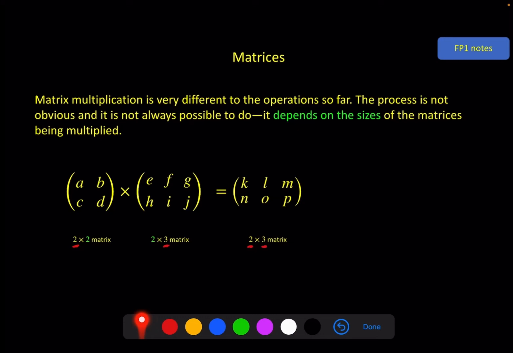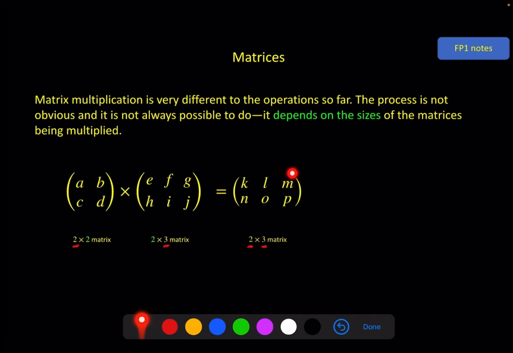Then you repeat with the first row, second column. AF plus BI, and that will give you the first row, second column element in the answer matrix. And then you continue. First row, third column.